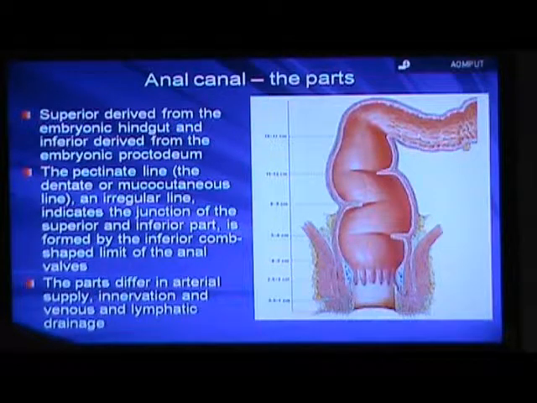The pectinate line, the dentate or mucocutaneous line, is an irregular line which indicates the junction of the superior part and the inferior part of the anal canal, and is formed by the inferior cone-shaped limit of the anal valves. And these parts of the anal canal completely differ in the arterial supply, innervation, and the venous and lymphatic drainage.